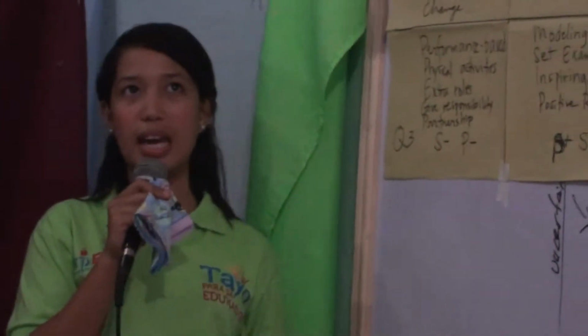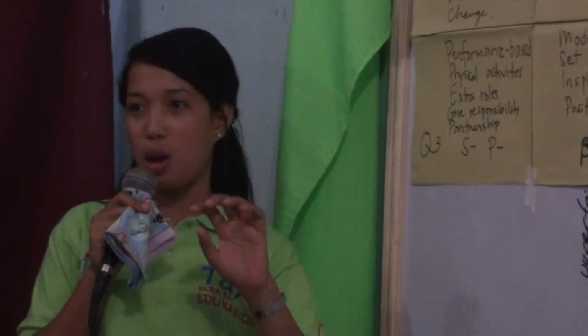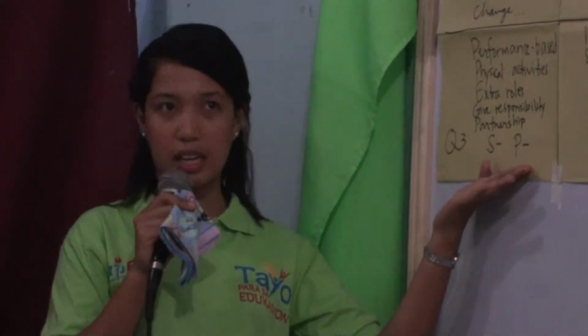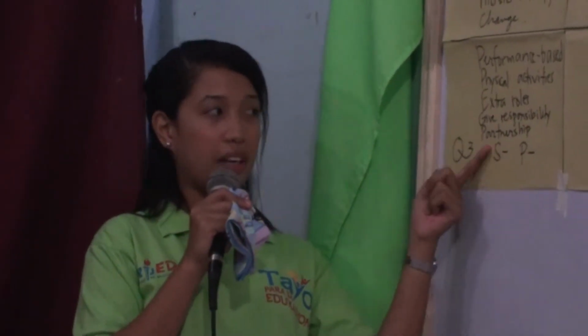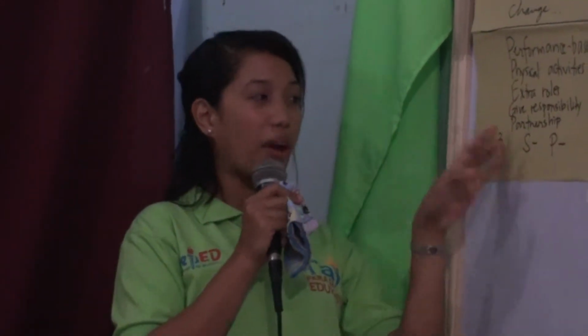And then, para ma-avoid natin yung fear natin na ma-fail yung ating goal, so perhaps we can do the partnership. What do we mean by partnership? So we pair a student from quadrant 1 with a student from quadrant 3.